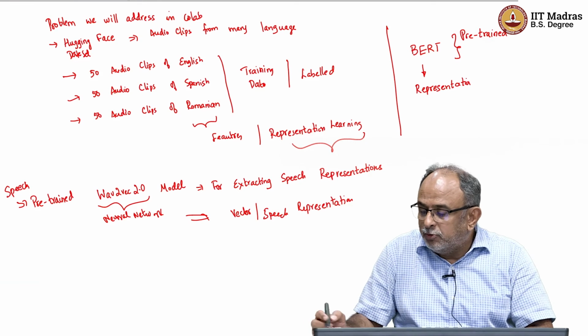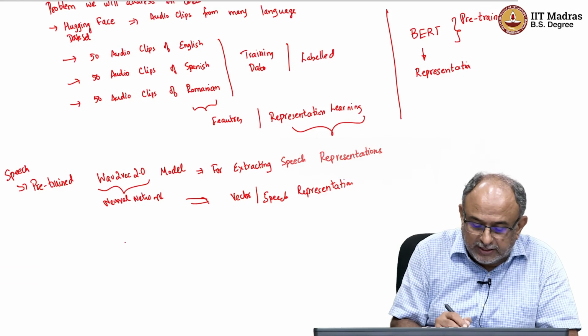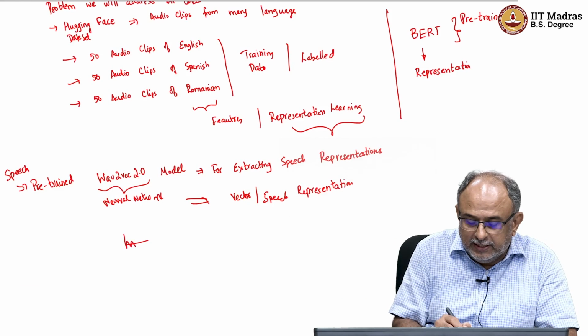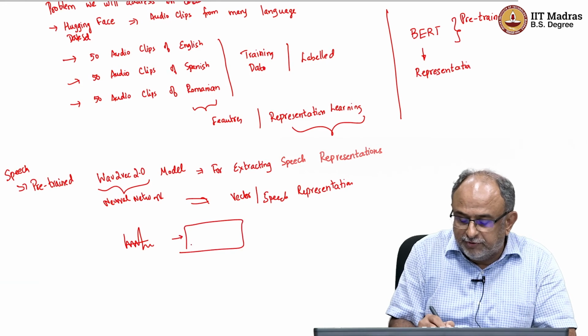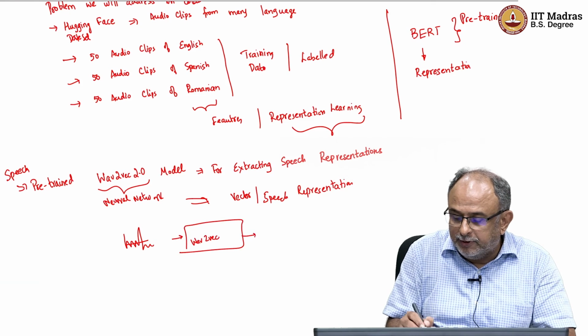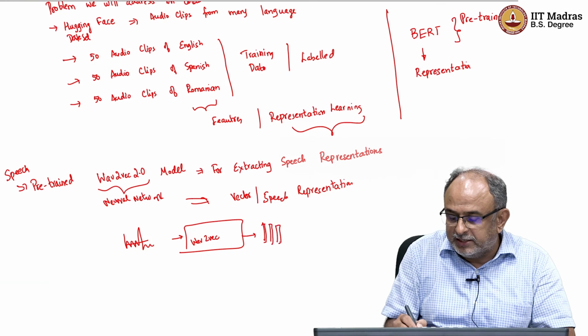Now, these are basically a sequence of vectors. Given the speech waveform, you will pass it through wav2vec, and for each signal you will get a sequence of vectors.